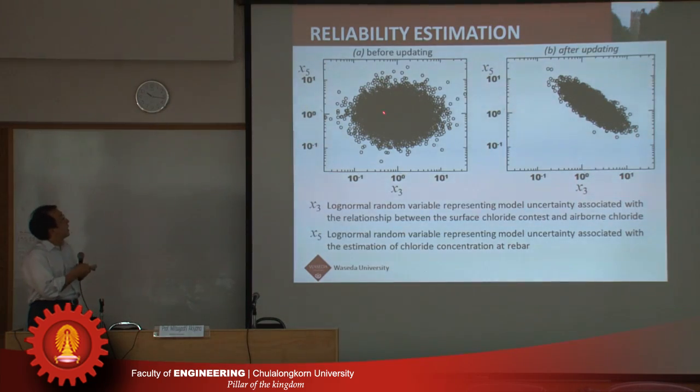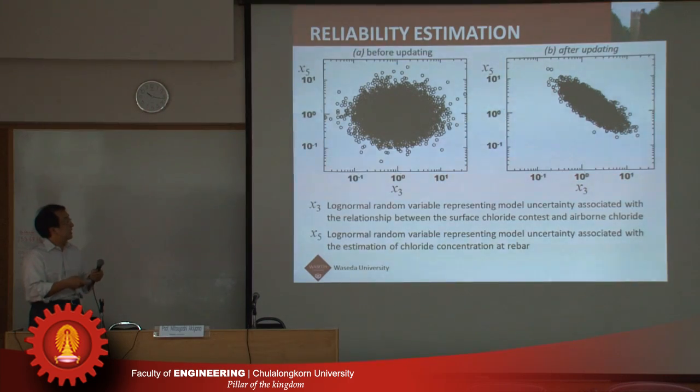So this figure shows the samples used in general Monte Carlo simulations before updating. Before updating, we need to consider very large uncertainties. However, once the inspection result is provided, random variables can be updated to be consistent with the inspection result.